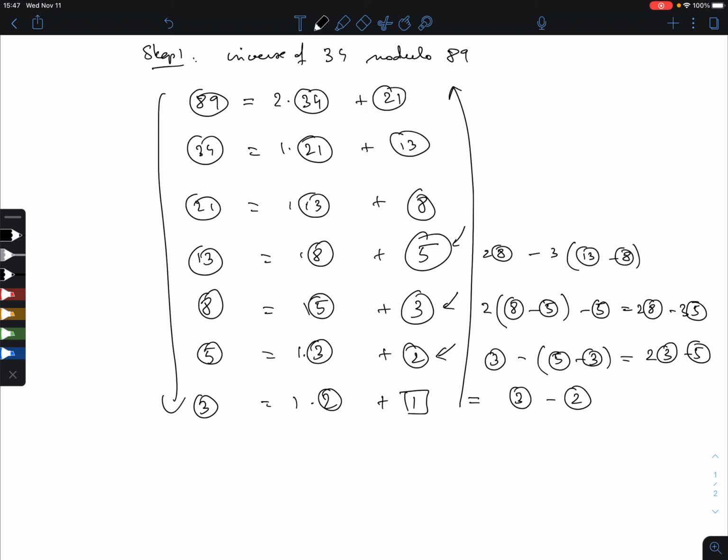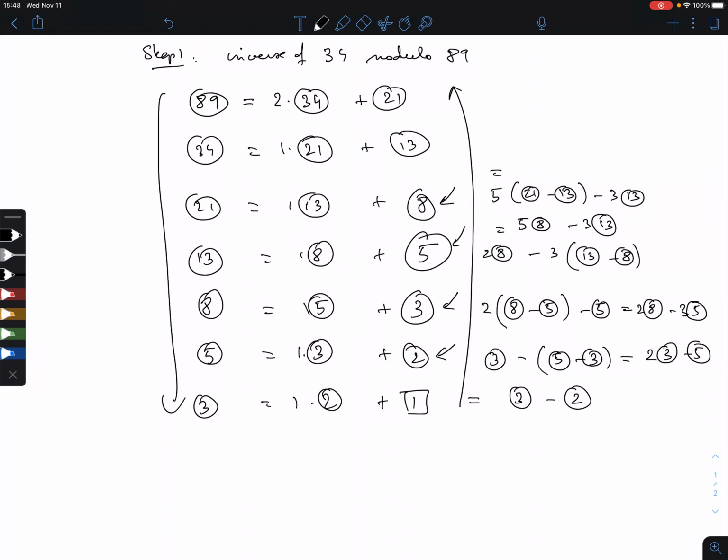So that is equal to, I'm going to write it up here, minus 3 times 13. The second one has coefficient 3 and the first 8 has coefficient 5, so altogether 5 times 8 minus 3 times 13. And by the way, this is 40 minus 39, so I'm still good. Now I'm using 8: that is 5 times (21 minus 13) minus 3 times 13.